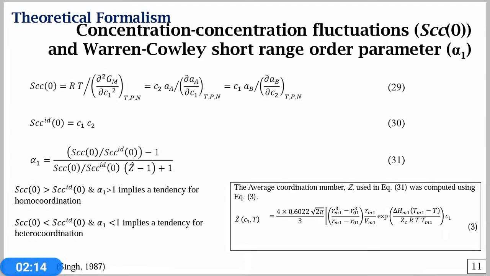And when SEC0 is less than its ideal, or alpha 1 is less than 0, it implies preference for unlike atoms, that is, tendency for heterocoordination or atomic order.